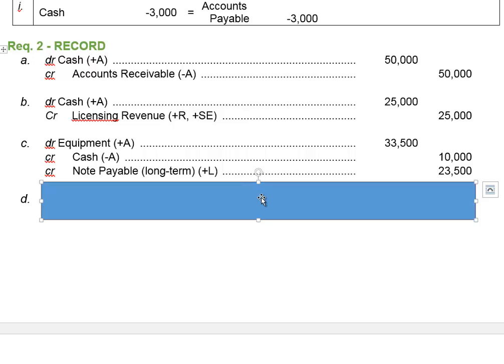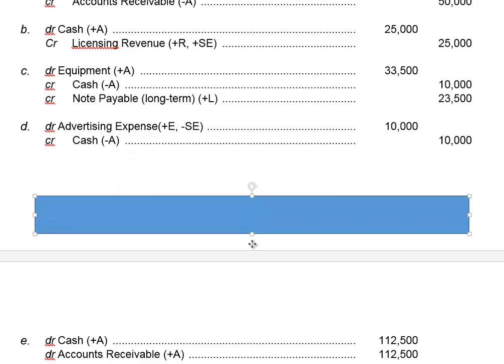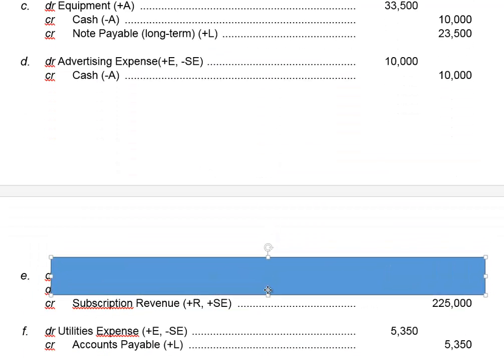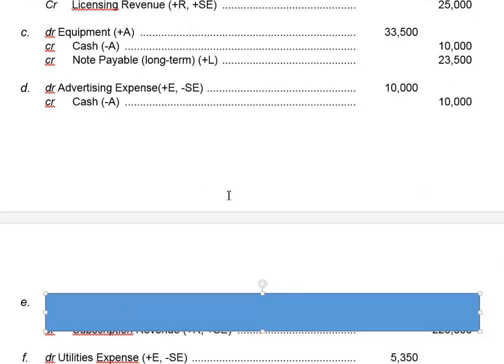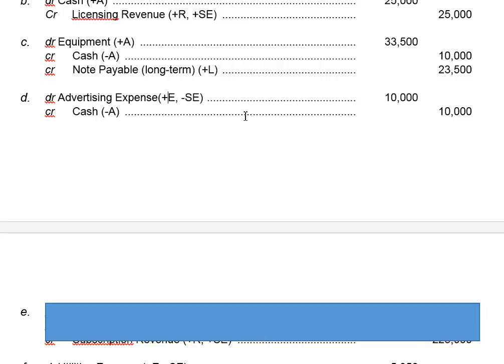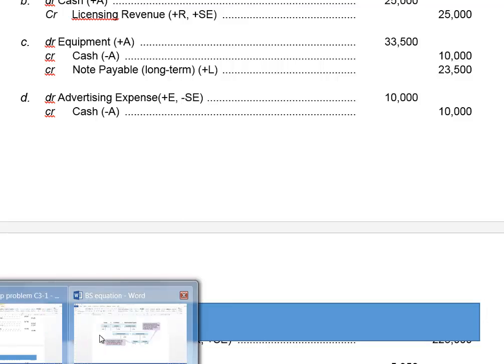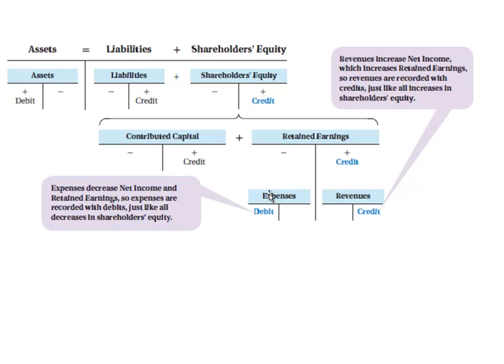The next transaction that we're going to look at here is item D. And in item D, it said that we incurred advertising costs and paid them out at the same time. Well, don't forget, advertising expenses for this period increased, which decreased shareholders' equity. Again, when expenses increase, they increase on the left, and left means debit, but they also decrease shareholders' equity.